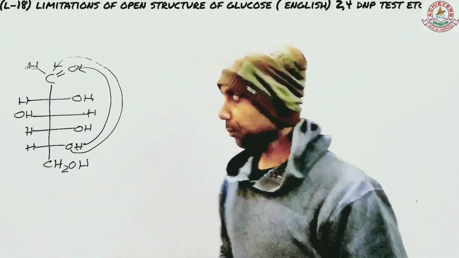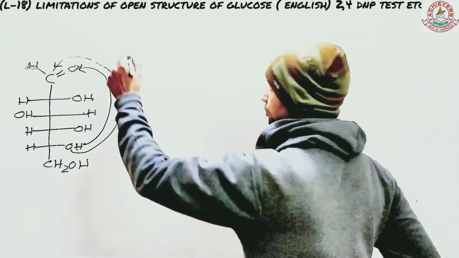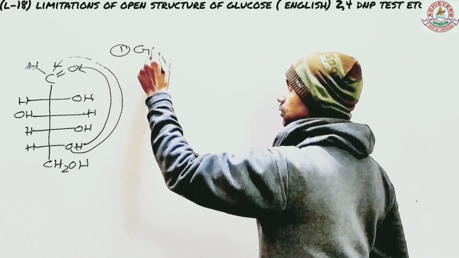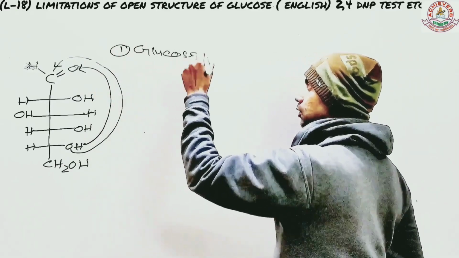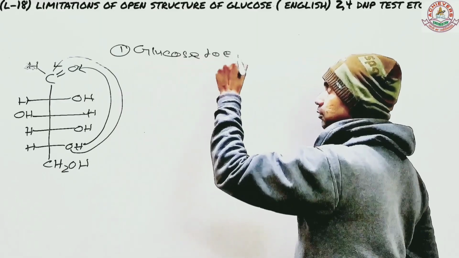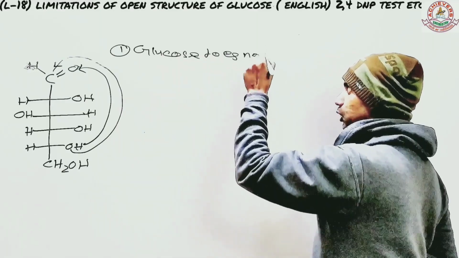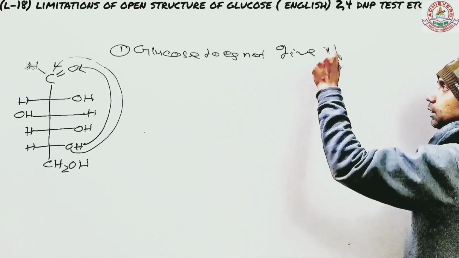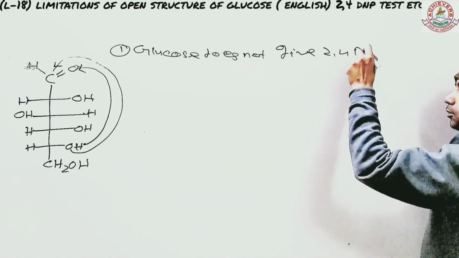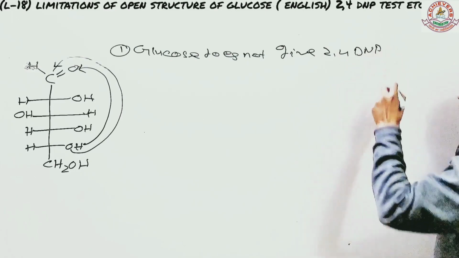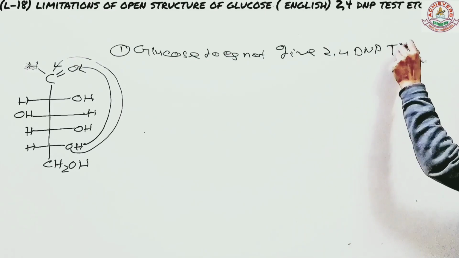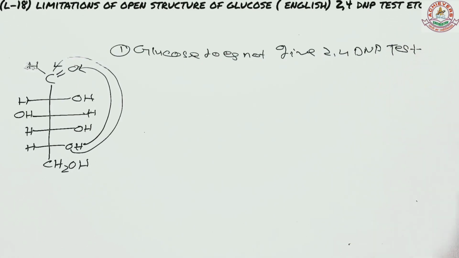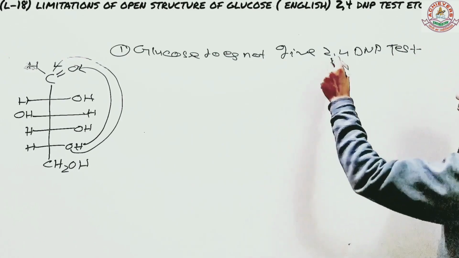The first one I want to make you remember is that glucose does not give the 2,4-DNP test. It does not give 2,4-DNP test.